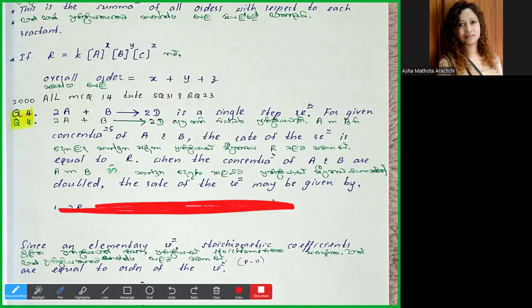So they say rate equals R, and then they double the concentrations. So let's take the initial A concentration as A, B concentration as B. But later they double, meaning A becomes 2A, B becomes 2B. So you can write two different equations.